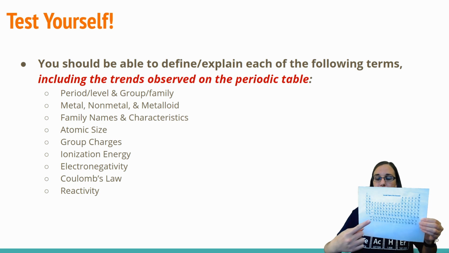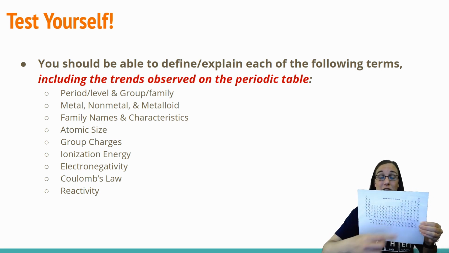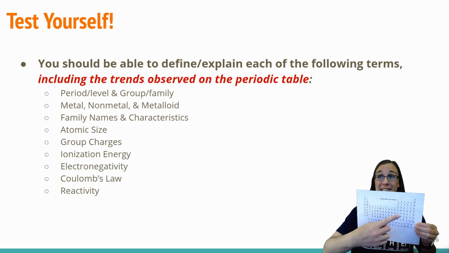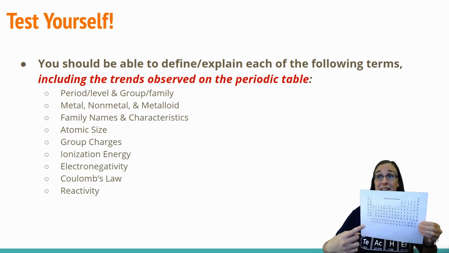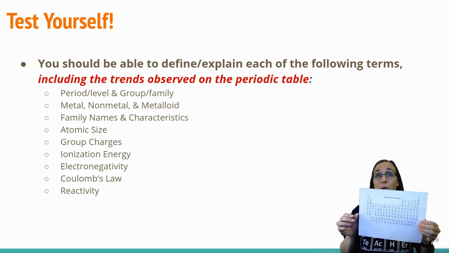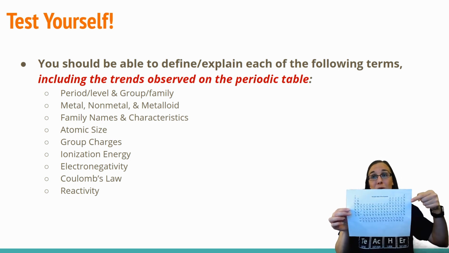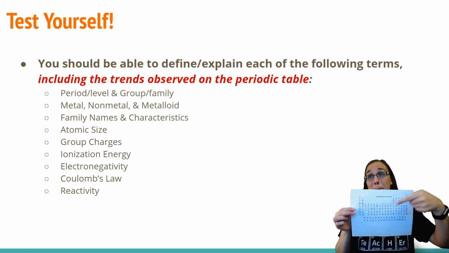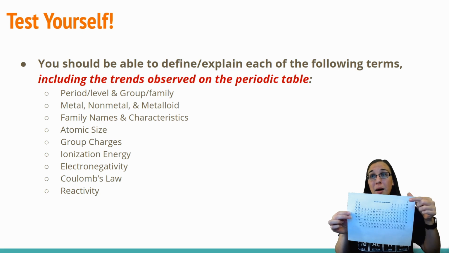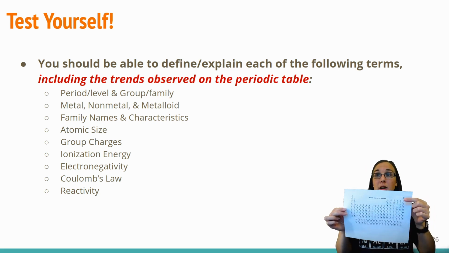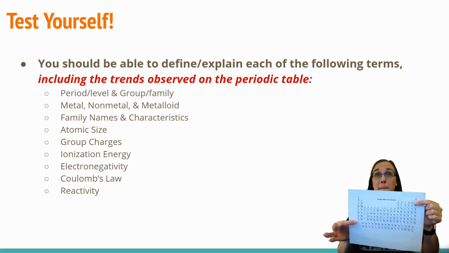So if you go this way, you should be increasing in ionization energy and increasing in electronegativity. They share the same trend. And now for atomic size, if you go the other way, you get bigger. Up here would be smaller, down here would be bigger.